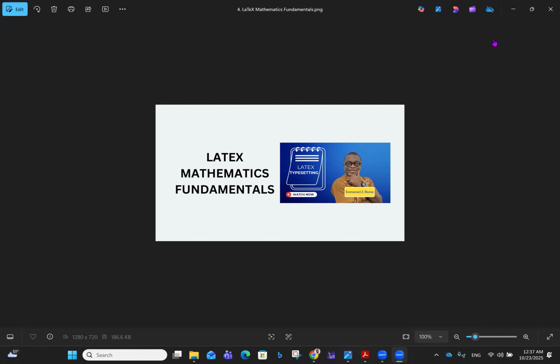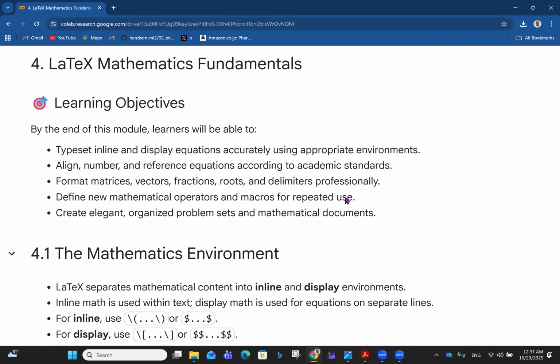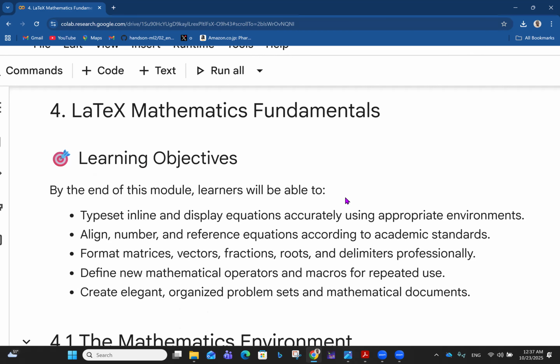So now let's get into how we can typeset mathematics with LaTeX. Our objectives include the following: to typeset inline and display equations accurately using appropriate environments, align, number and reference equations according to academic standards, format matrices, vectors, fractions, roots, and delimiters professionally, define new mathematical operators and macros for repeated use, and create elegant, organized problem sets and mathematical documents.